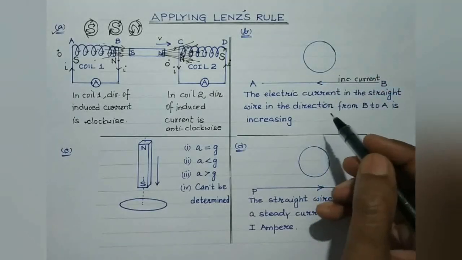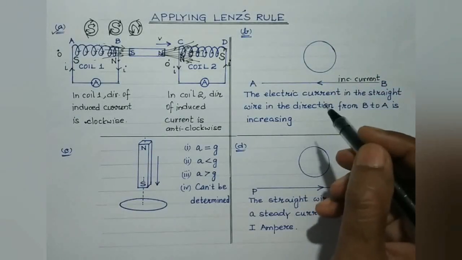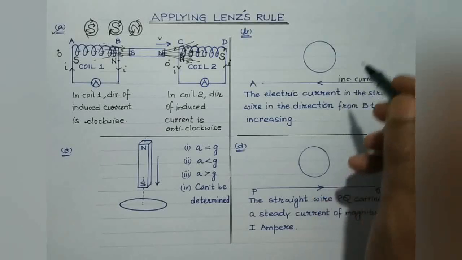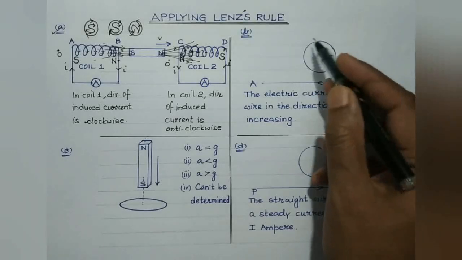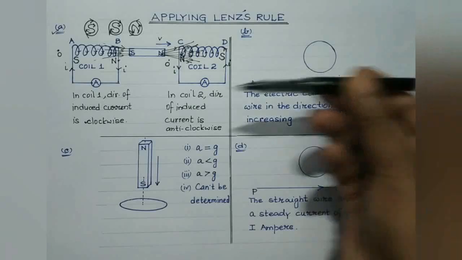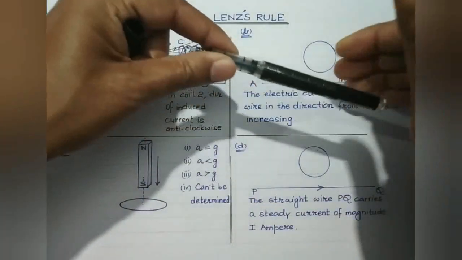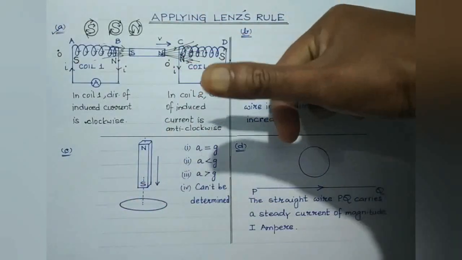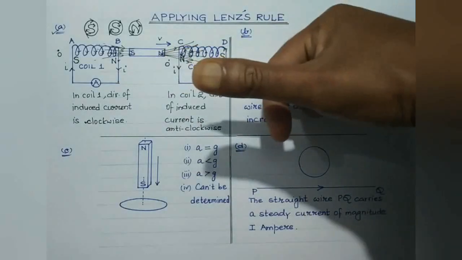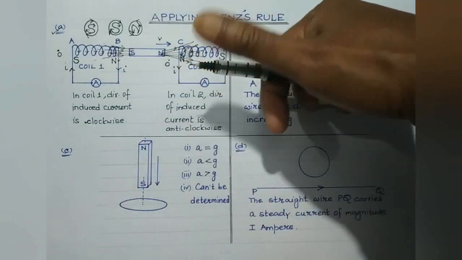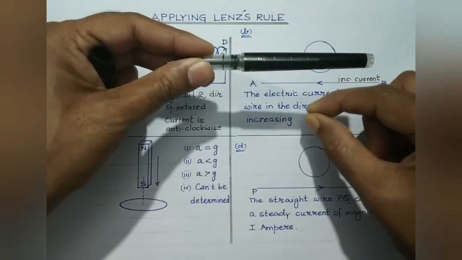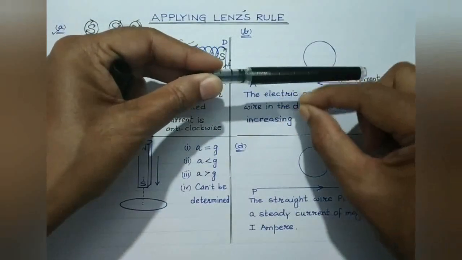So first and foremost, let's make use of Fleming's right hand thumb rule, so as to find out the direction of the magnetic field in this loop. Current is flowing along the direction which the thumb is indicating, and the rest of the fingers curl along this direction.